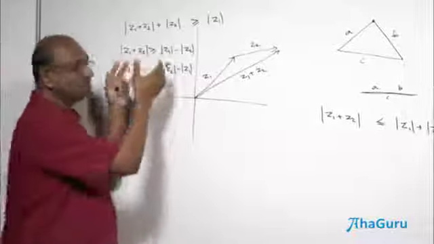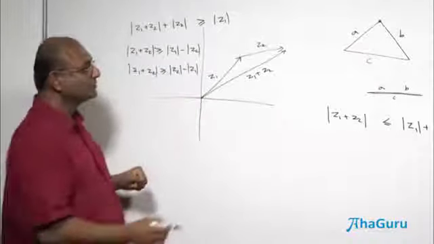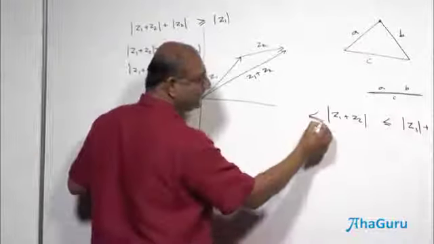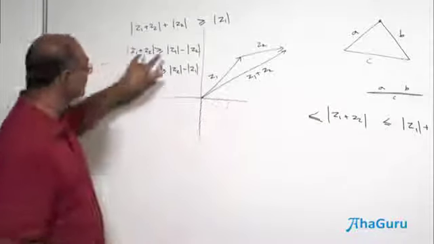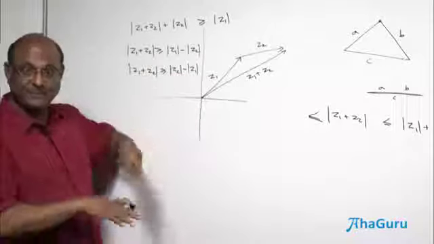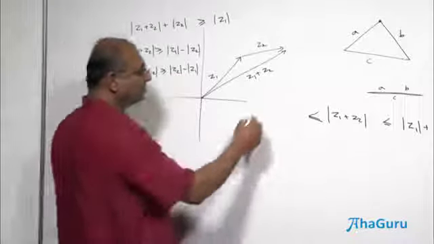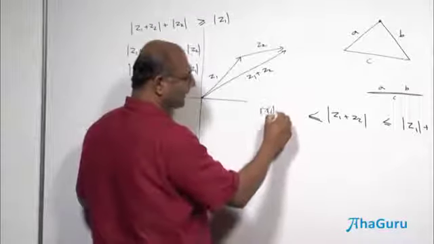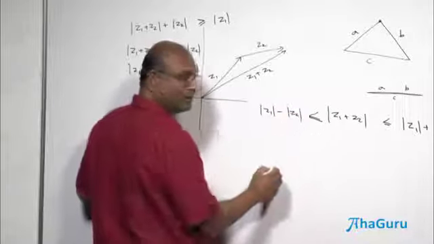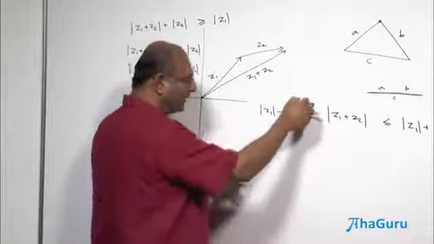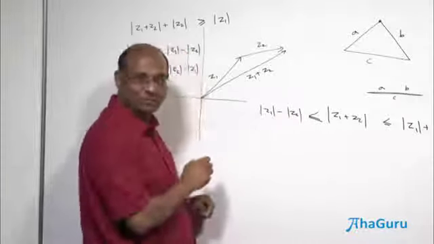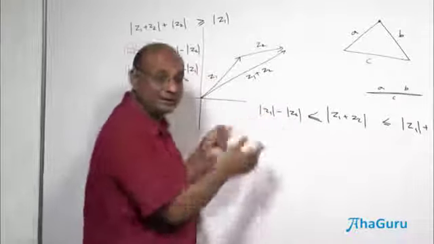So whichever is the positive one, it is bigger than the positive one. So I can say this is bigger than the difference of the two modulus, the bigger one minus the smaller one. So I can write it as modulus of Z1 minus modulus of Z2 or modulus of Z2 minus modulus of Z1. So this is generally true, but I can also put an absolute value on top because it's bigger than the positive value.